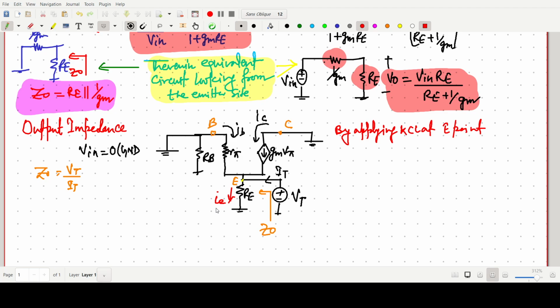The current IB is nothing but simply this voltage V pi. So at this point we can write IB plus IC plus IT, the total incoming current, better to write capital IT.